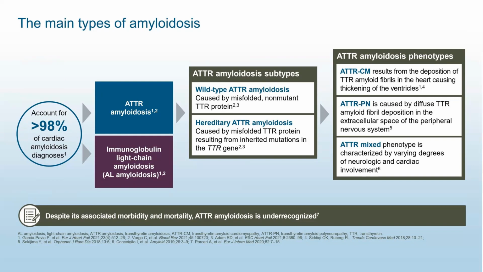The other one is the ATTR amyloidosis, the amyloid transthyretin type, which affects the heart. This is the one that we as cardiologists will be involved in treating, because the immunoglobulin light chain type, or AL type, is a hematological disease.